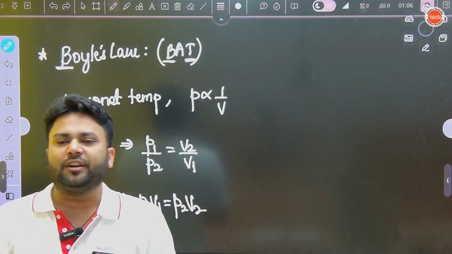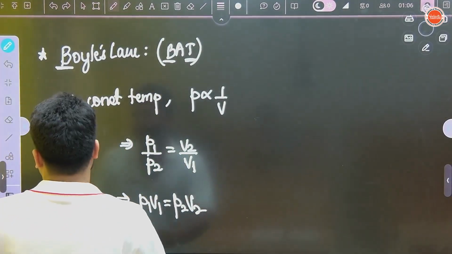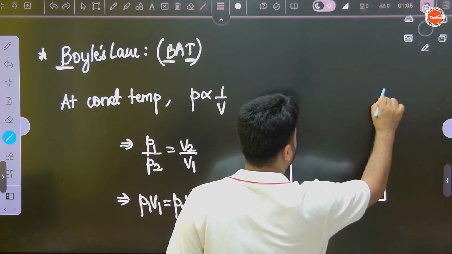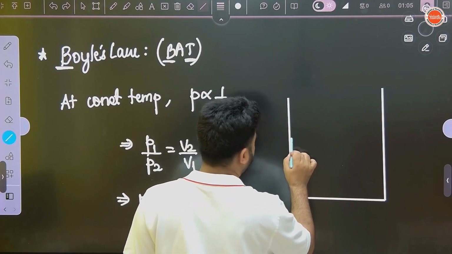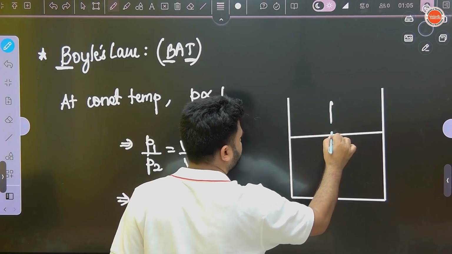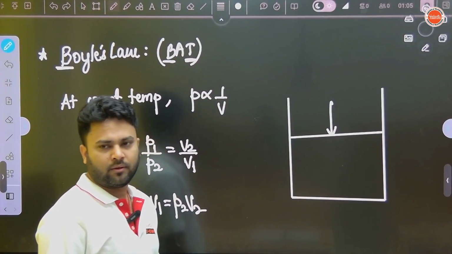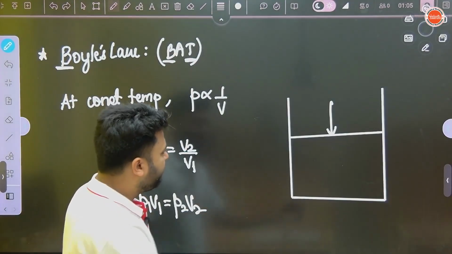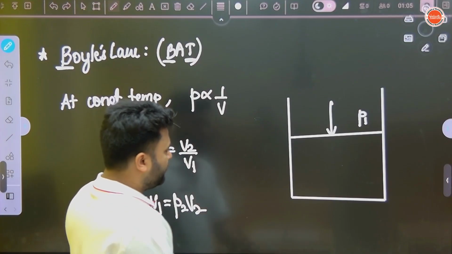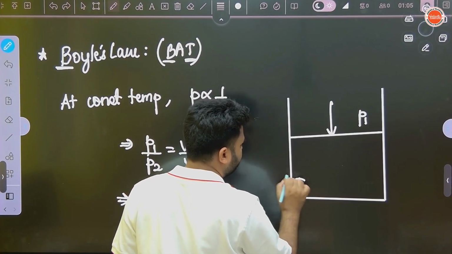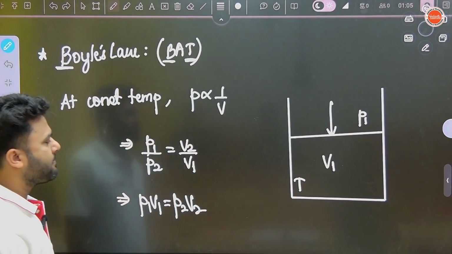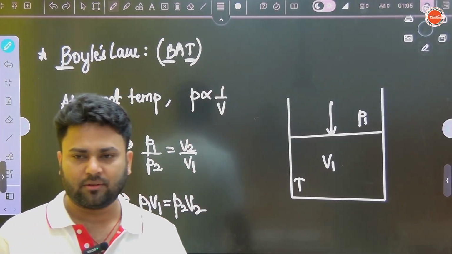Means we are going from stage 1 to stage 2. For example, see, we have applied some pressure. This is stage 1. The pressure is P1, temperature is some T, and volume of the gas is V1.